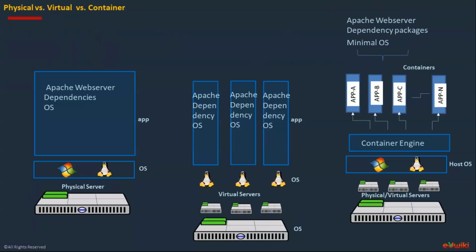In both cases it is more or less the same, right? Even in virtualization, you took one server, divided it into multiple virtual servers and ran the applications. Each virtual server runs its own Apache application. Here also it is the same: application A is one, application B is one, application C is one, created in multiple containers and running your applications.